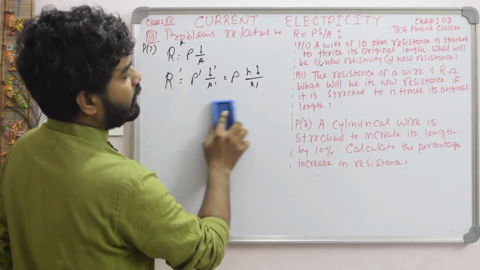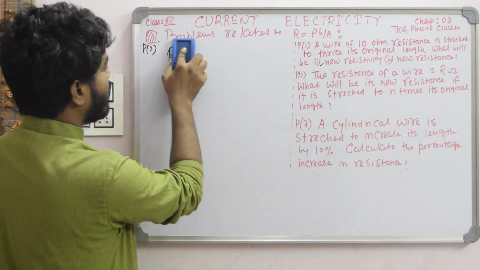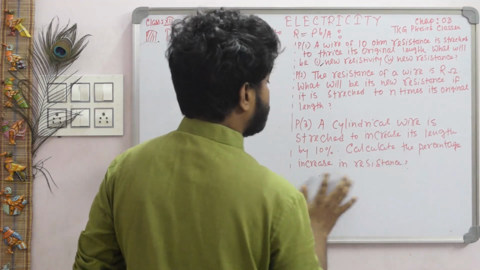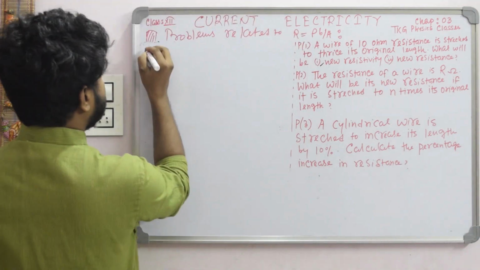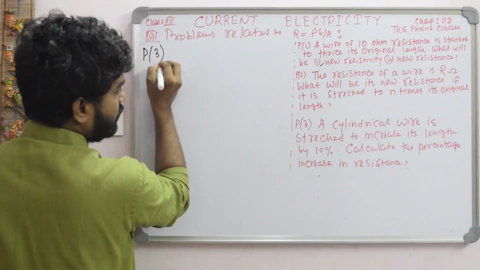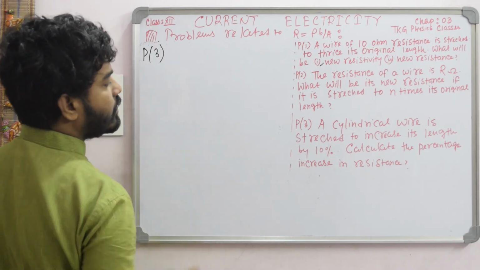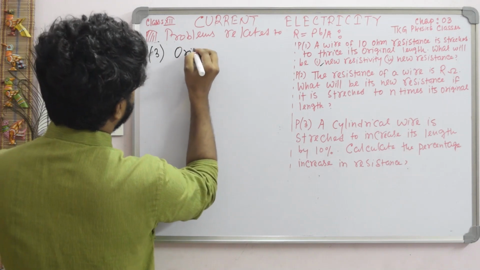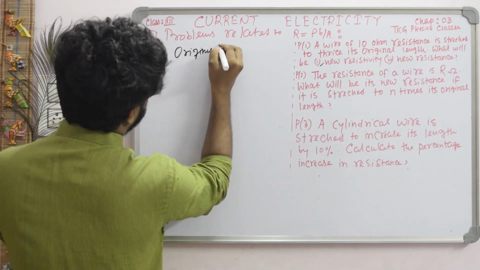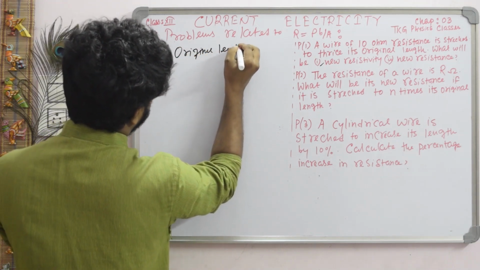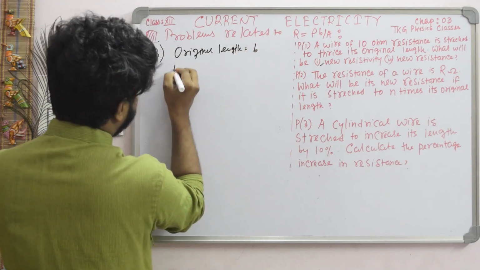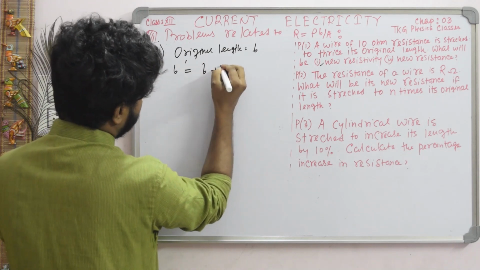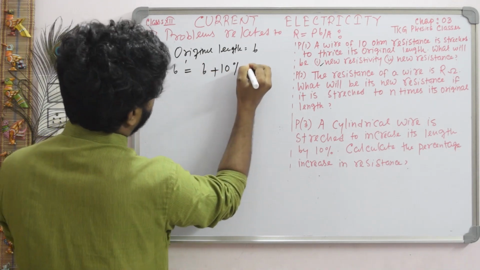Problem 3 uses the same concept but is quite different. Here you have to find the percentage increase in resistance. Write it down first. Problem 3: a cylindrical wire is stretched to increase its length by 10%. Suppose the original length is L. So the final length L dash will be L plus 10% of the original length.